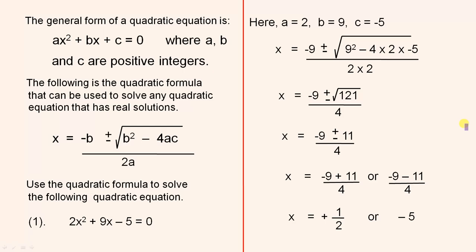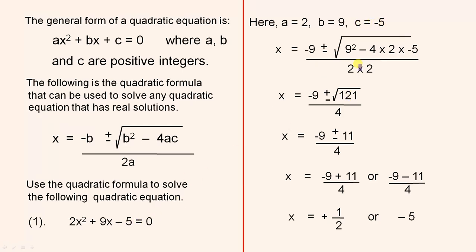Let's have a look at this single example carefully to see how we can use this formula to solve a particular quadratic equation. So the equation we have is 2x squared plus 9x minus 5 equals 0. If we look at the equation carefully, we see that a equals 2, b equals 9, and c equals negative 5.